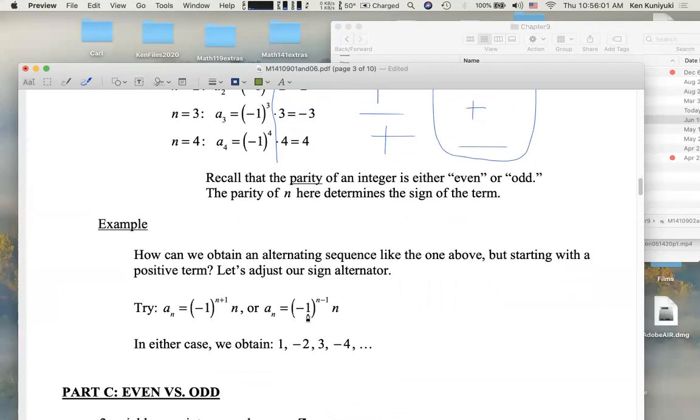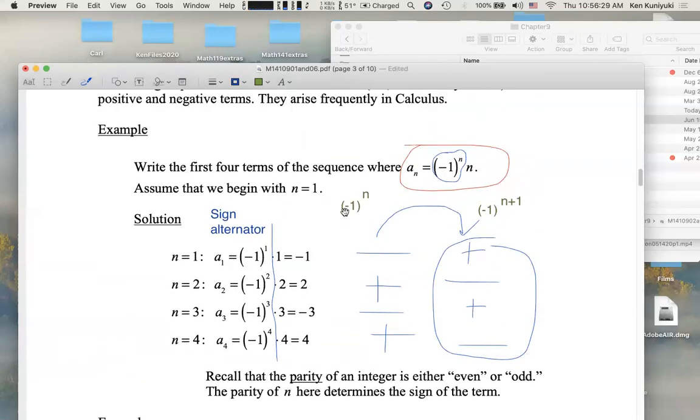In fact, there are infinitely many possibilities. To get this pattern over here, we could use n plus 1, n minus 1, or n minus 3. You can keep subtracting or adding 2. How do you get a bunch of numbers with the same parity? You can add 2 or subtract 2 any number of times: n minus 3, n minus 5, n plus 3, and so forth, those would work.